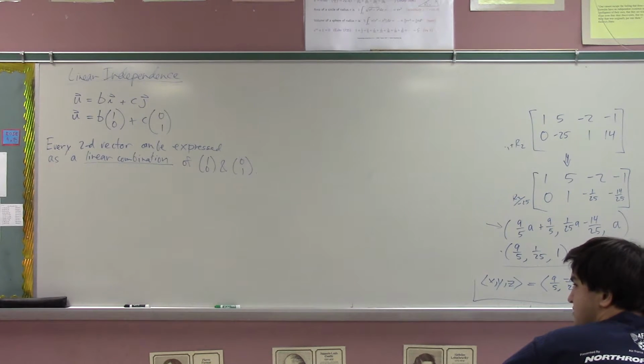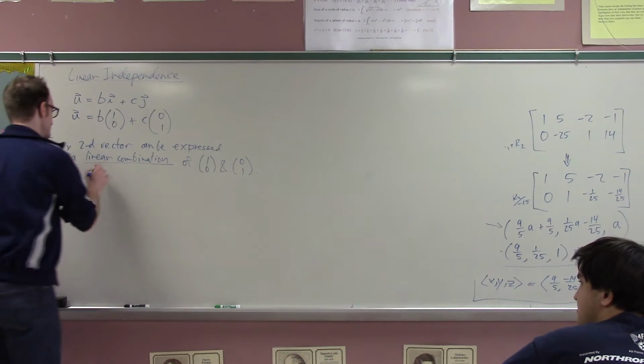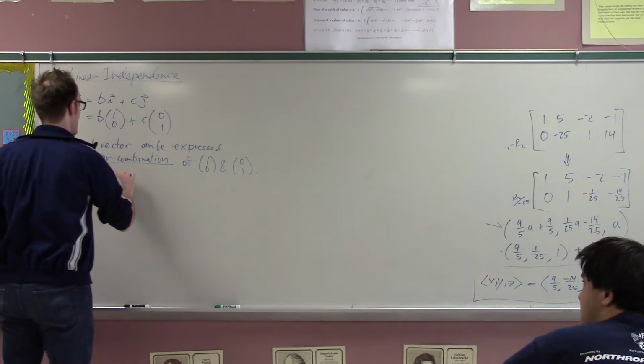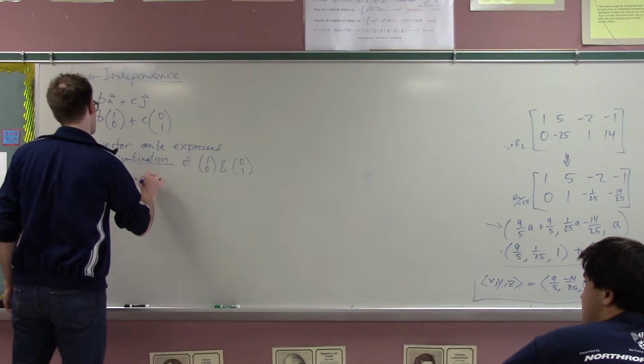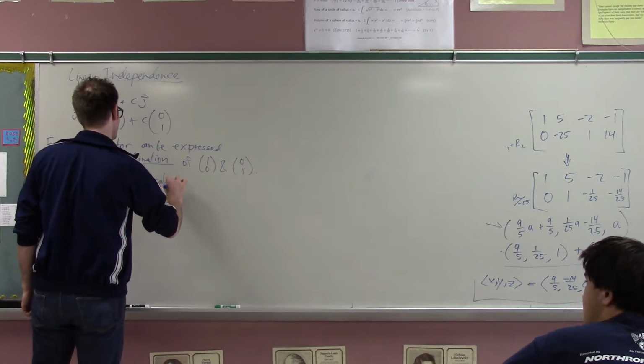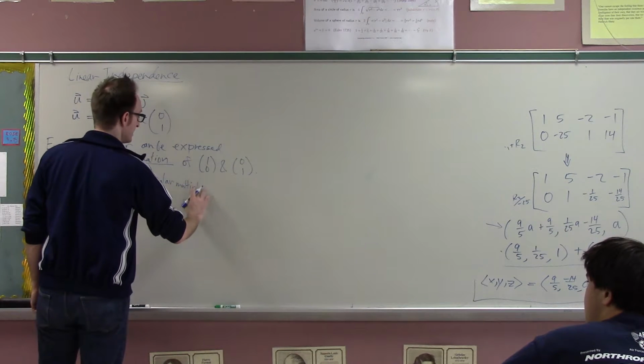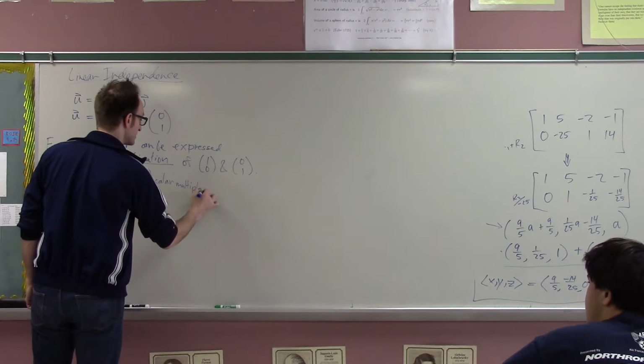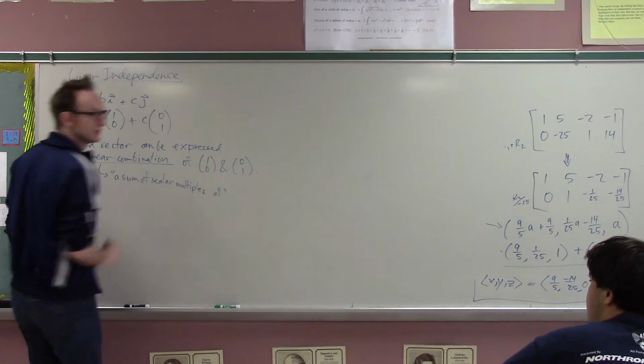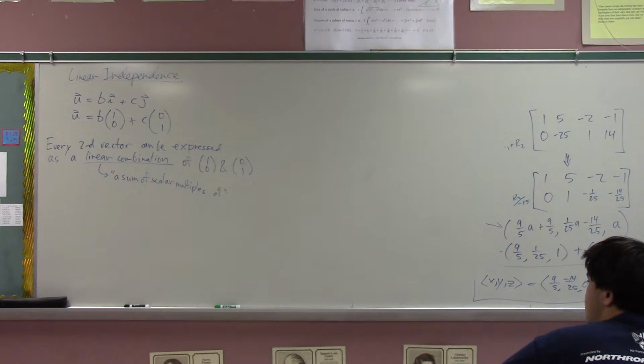So what is a linear combination? This is kind of a shorthand for a sum of scalar multiples of, and it's sort of awkward to always say that. So this is just expressing the totally obvious fact that every 2D vector can be expressed as a sum of scalar multiples of these two vectors.